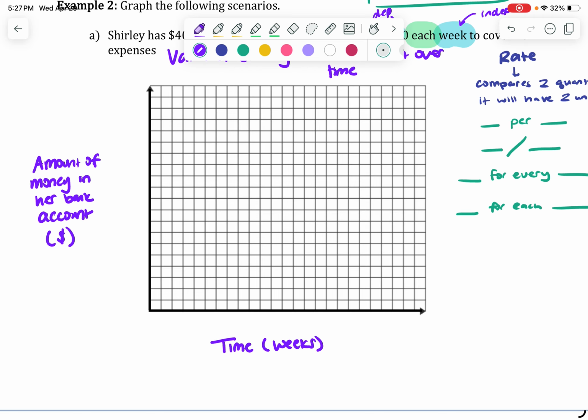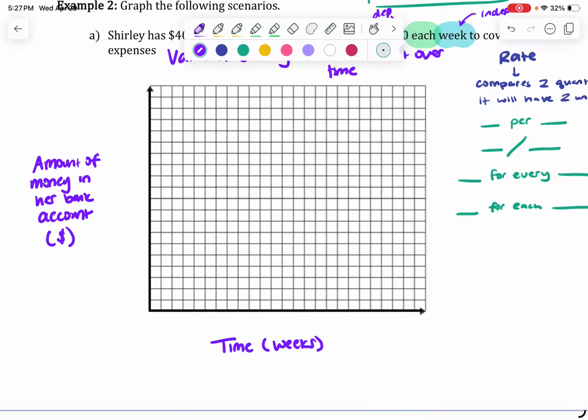She's not adding to her account, she's withdrawing it. Which means after that 400, that 0th week at the very beginning, the money is going down. So I'm going to see if I can create a scale on my y-axis that goes up to at least 400, but also tries to space things out.